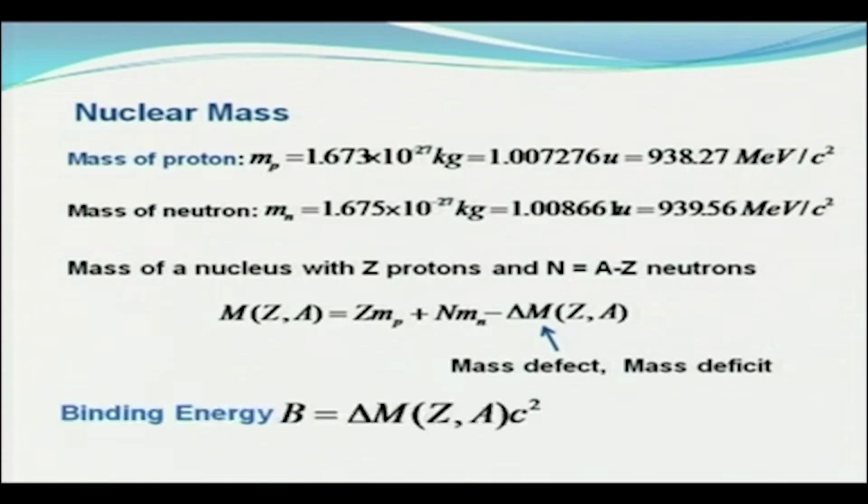There is a corresponding energy that we could consider, delta m times c square, which is called the binding energy, and we will denote this binding energy by B. So, of course, the nucleus has slightly smaller energy compared to Z number of free protons and N number of free neutrons, and that certainly makes it a more stable configuration compared to the free protons and neutrons of the same number.